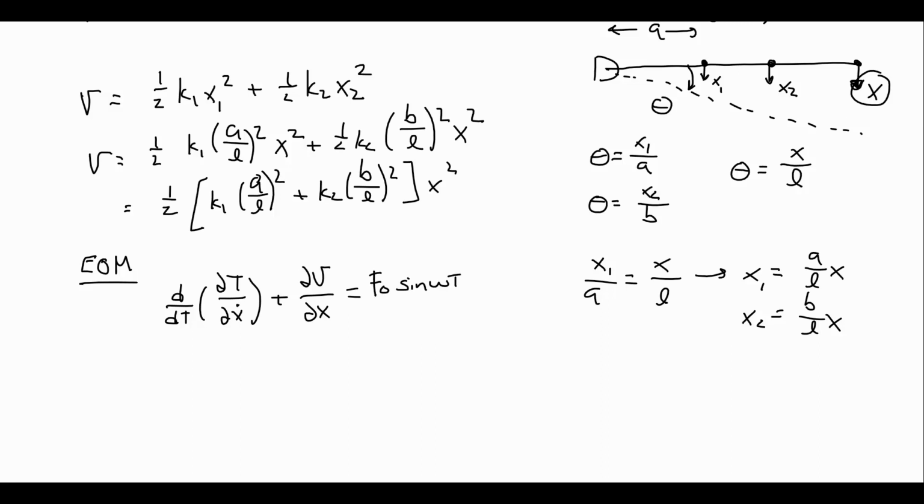And what I'm going to do, and we'll see why this is important when we redo this, is put this delta x at the end to remind me that this force is acting on the x degree of freedom. Now, it's going to go away. It's kind of just there as a reminder.